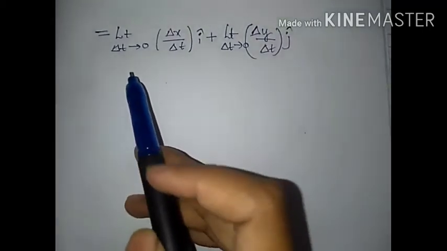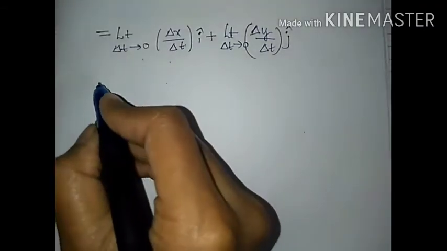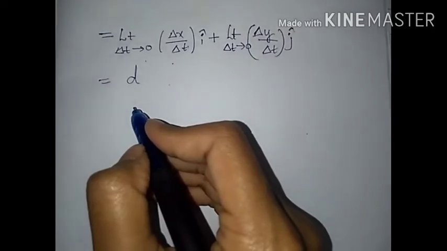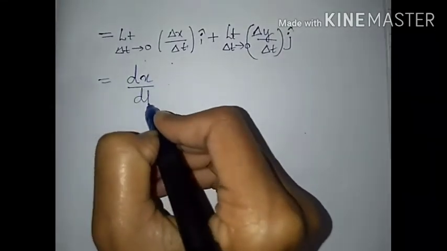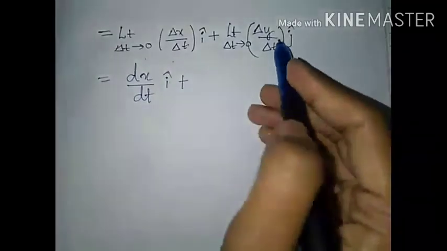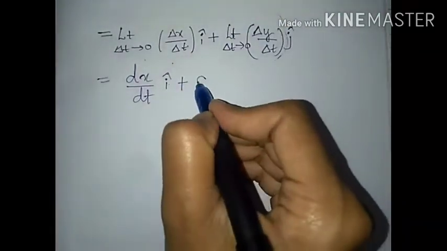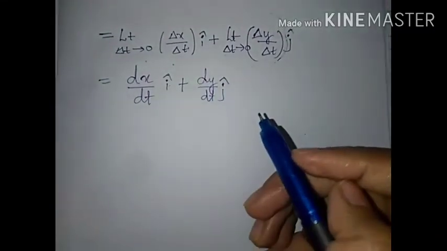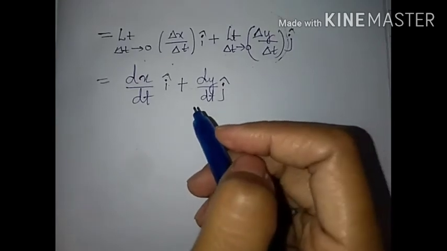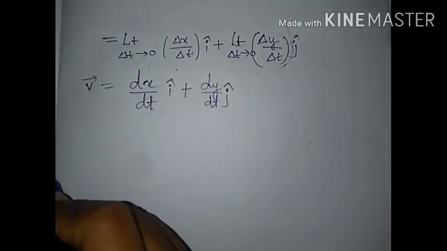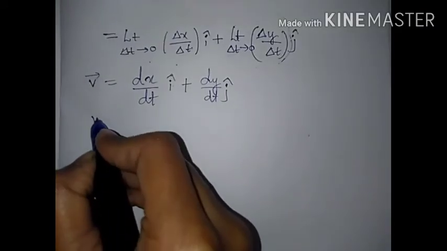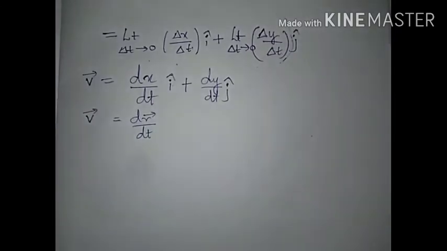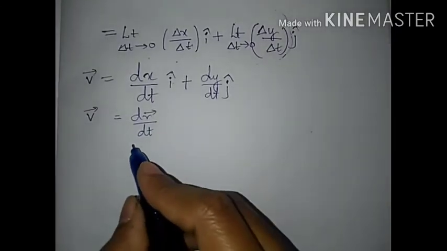We know that limit delta x by delta t can be written as dx by dt, so dx by dt i cap plus dy by dt j cap. So V is equal to dr by dt, the change in displacement with respect to time.